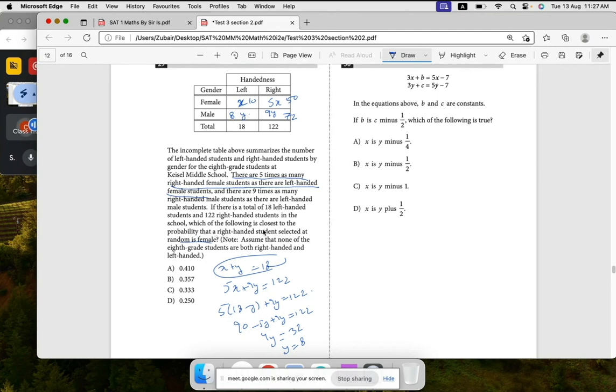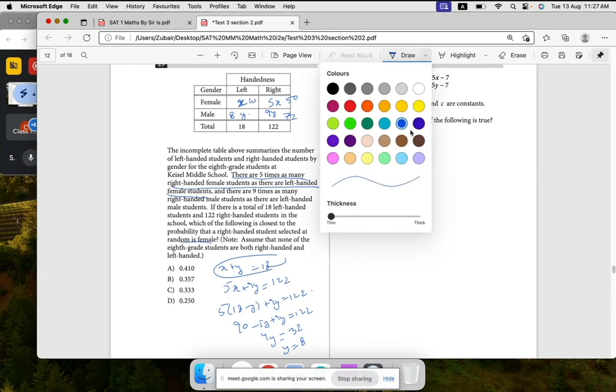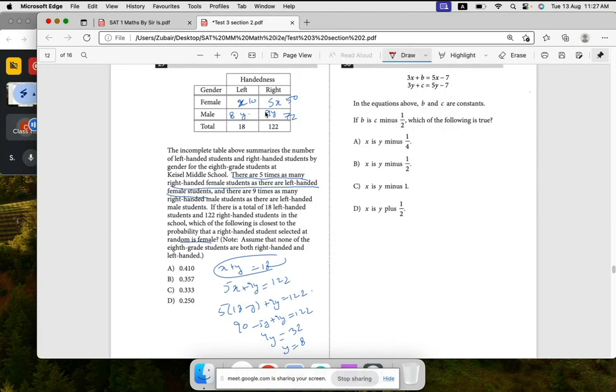Which of the following is the closest to the probability that a right-handed student selected at random is a female? Mohammed, need your expertise. We're selecting right-handed only, so that should be 50 by 122. And this is 0.409. Yes, sir. I was going to say the exact same thing.